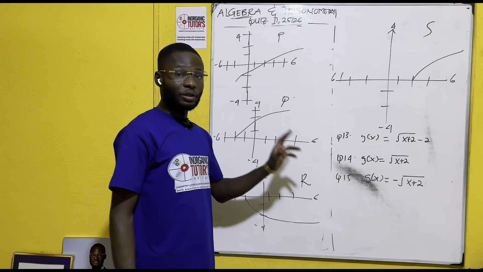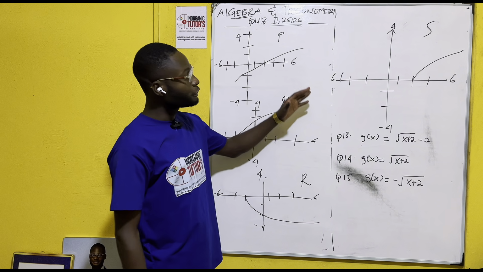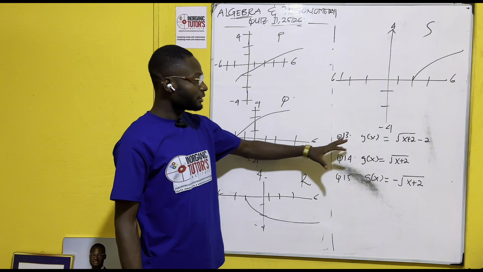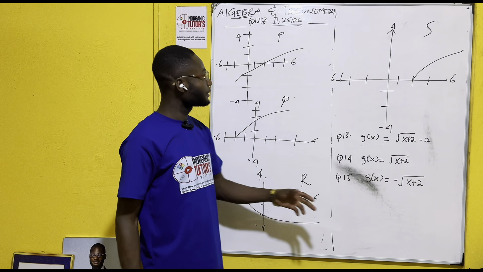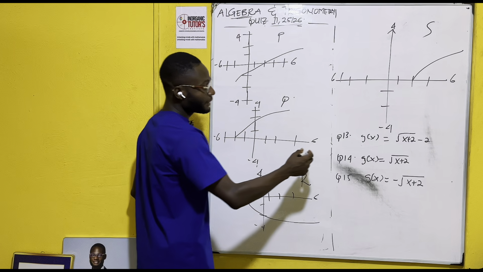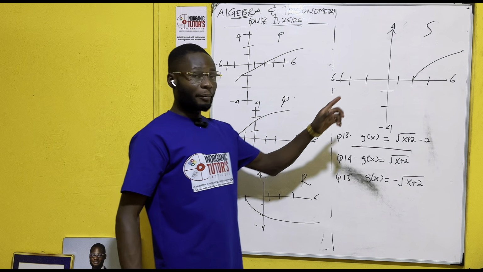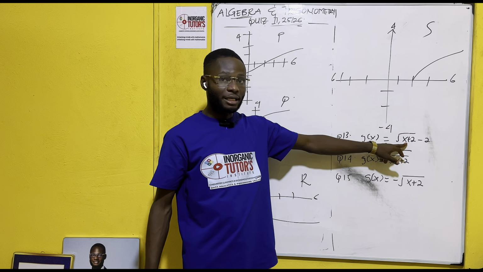Now let's move on to question number 13, 14, and 15. We are going to use these graphs to determine the type of graph that this function possesses. With this function, square root of s plus 2 minus 2, the starting point is minus 2.